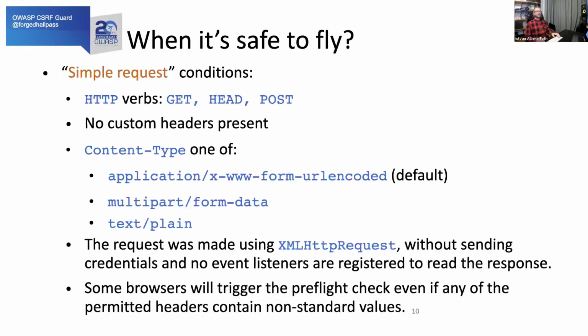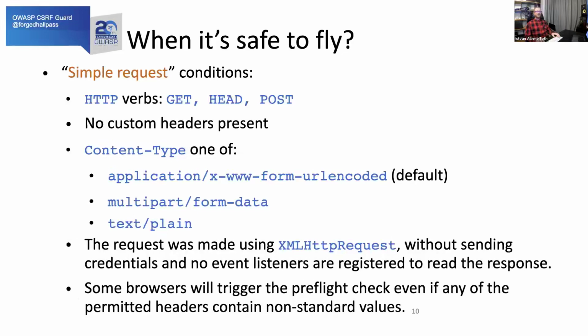And the request must be made using an XMLHttpRequest without sending credentials, and no event listeners are registered to read the response. So basically, if an event listener is registered to read the response, or it is added by JavaScript logic in the meantime, or to monitor the response or the upload, or a readable stream object is used, then this request will be blocked.